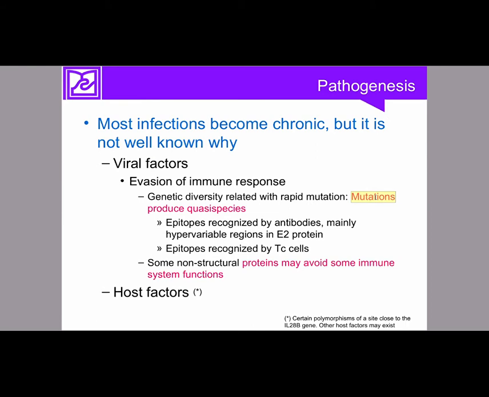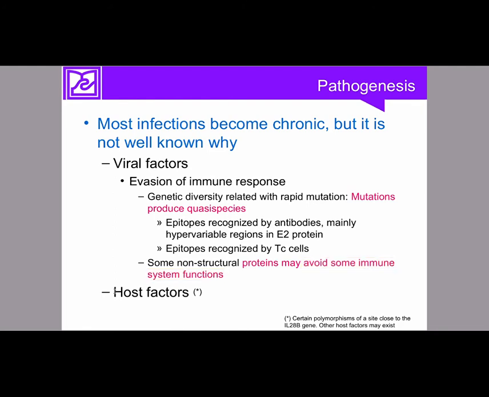So this is the same problem that we have with HIV, which we will study next week. This is one of the reasons why most infections become chronic, but this is not the only reason. Another reason may be that some proteins produced by the virus may inhibit, stop some functions of the immune system.